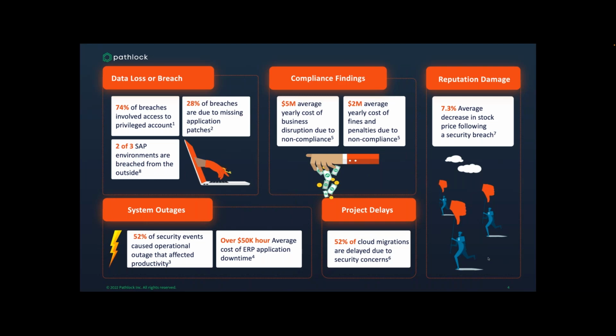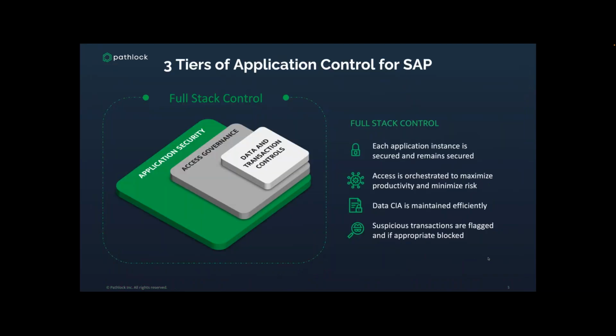When we talk about controlling all of these threats, a good model to follow is a 3-tier model. A 3-tier model starts with securing the platform itself, ensuring that each instance across your SAP landscape is properly patched and secured and then remains secure.